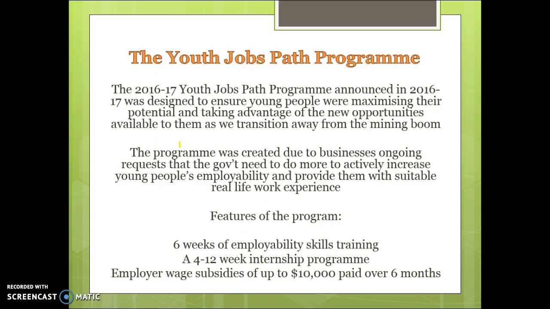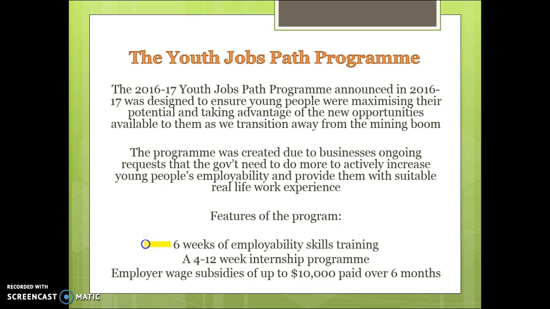So the Youth Jobs Path program was announced in the 2016-17 budget, so 3 budgets ago now, and basically it was designed to improve the skills of young workers and get them the skills necessary to succeed in the current workforce. It's sort of responding to the high levels of youth unemployment, and essentially it was a 3-step process where they would do 6 weeks of employability skills training, then they would undertake a 4 to 12 week internship program.